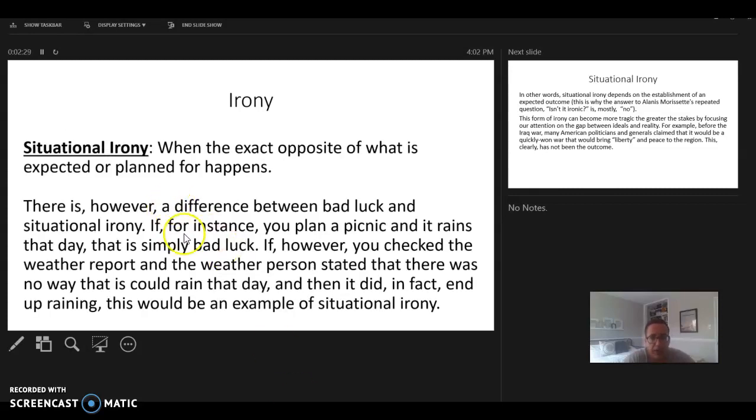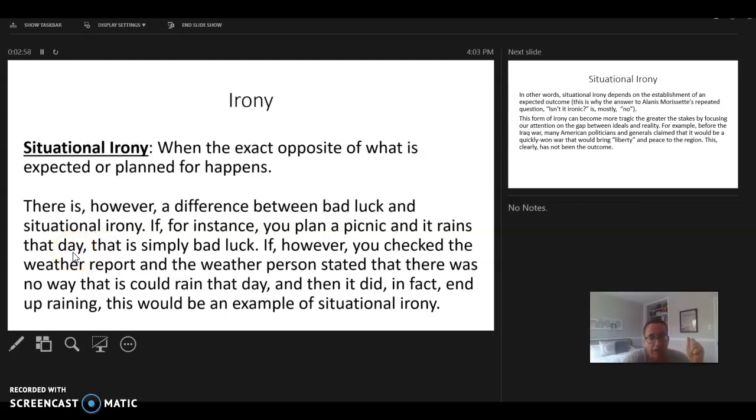Getting into more literary kinds of irony, right? Situational irony. To begin with, this is when the exact opposite of what is expected or planned for happens. So all those pictures I showed you at the beginning of the slideshow are examples of situational irony, right? More or less. And there's a difference between bad luck and situational irony, right? If you plan a picnic and it rains that day, that's not ironic. That doesn't quite meet that bar of irony, right?